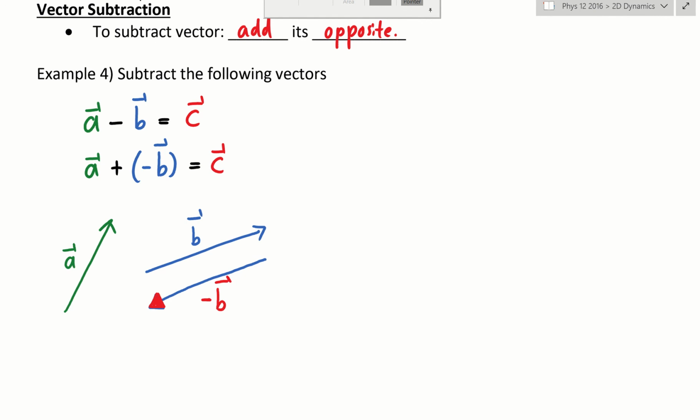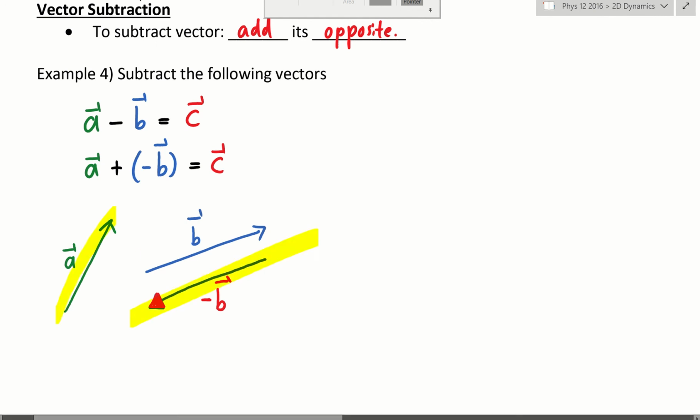So instead of adding A to B, you're adding A to negative B. That is the same as A minus B. You're just adding A to an opposite version of B, and then you just add them together.